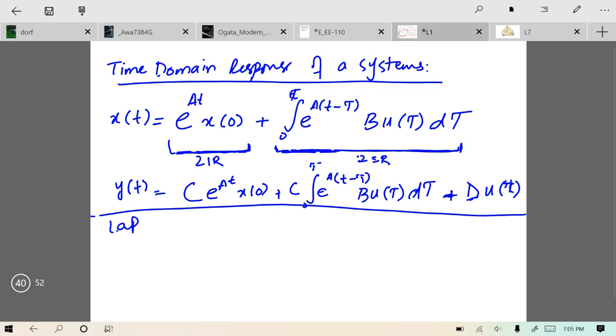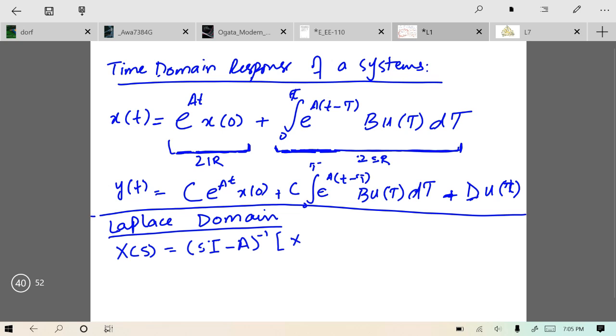In Laplace domain, these equations can be written as x of s is equal to (si minus a) inverse x of 0 plus b u of s.